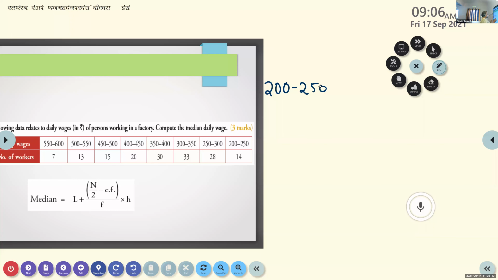First thing, it will be better to arrange in ascending order. Otherwise, when we take cumulative frequency, we will make mistakes. So better arrange this in the ascending order.